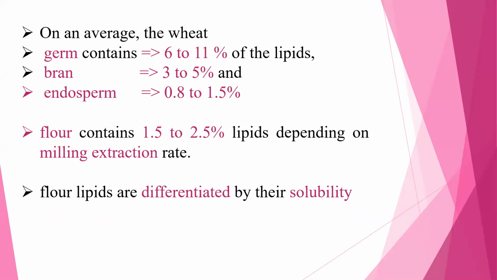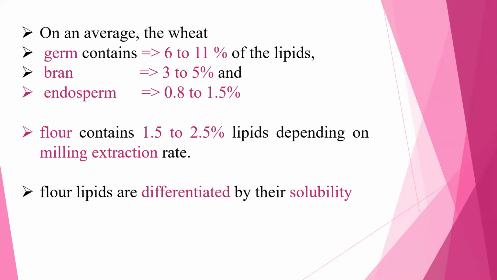On an average, the wheat germ contains 6 to 11% of the total lipids present in wheat, whereas bran contains 3 to 5% of the lipids, and endosperm contains a very, very minute amount, ranging from 0.8 to 1.5% of the total lipid of the wheat grain.